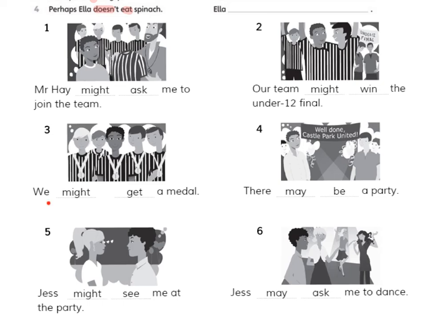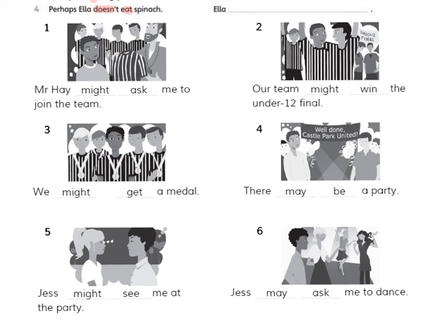Number 3, we might get a medal. That's also good, or we might get medals, it's fine, or we may get medals. Number 4, there may be a party, or there might be a party. Jess might see me at the party, or Jess might fall in love with me at the party.